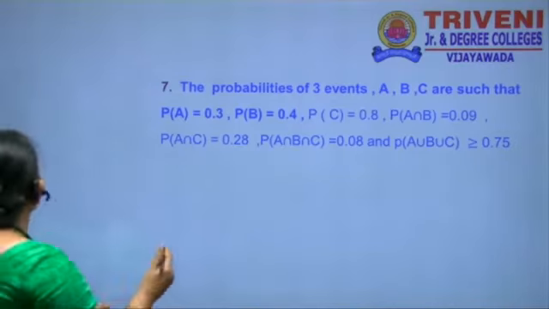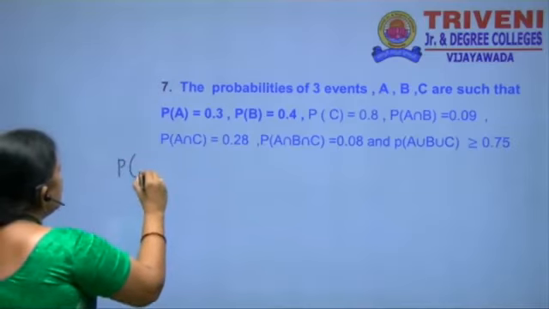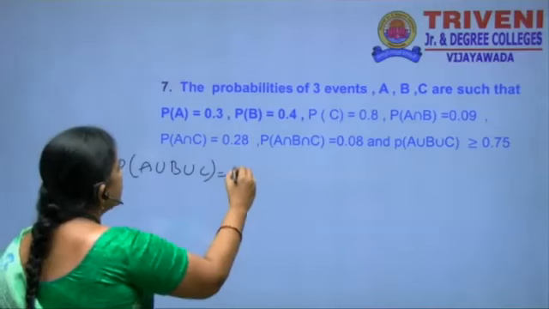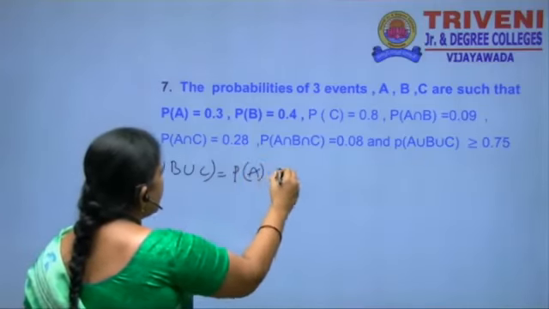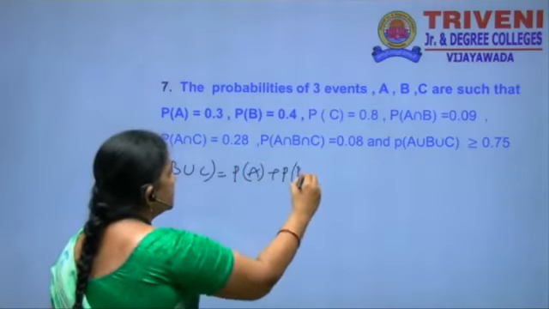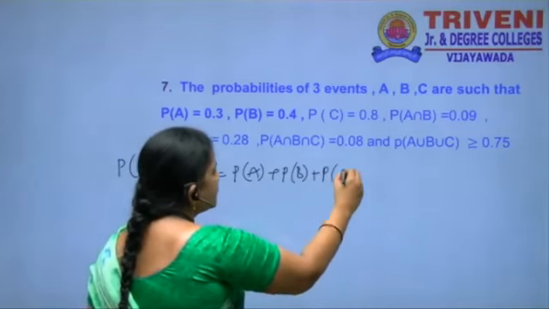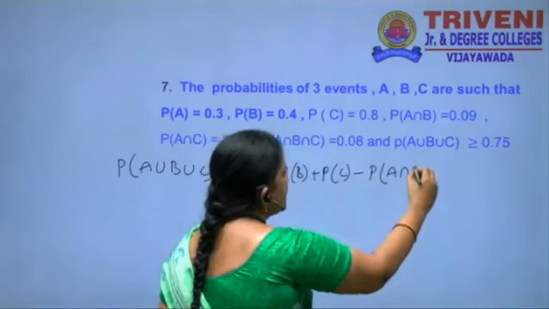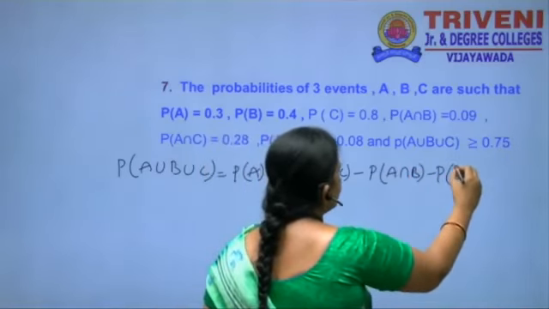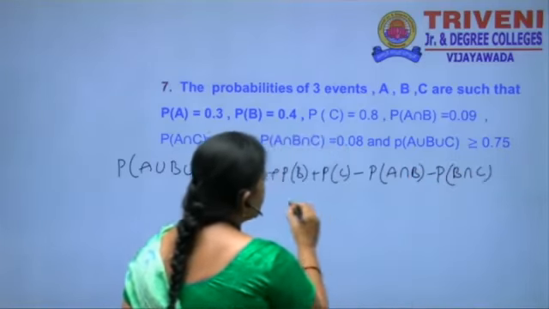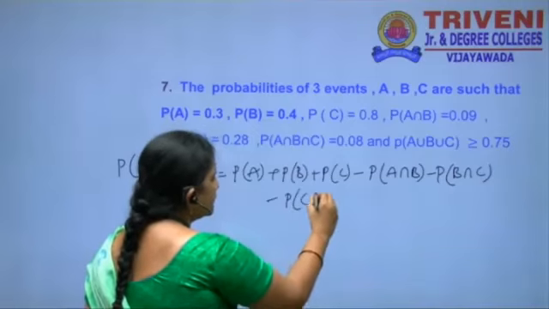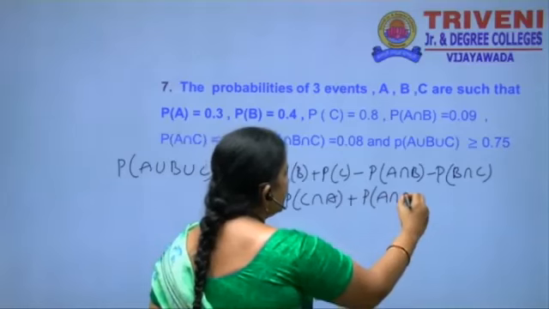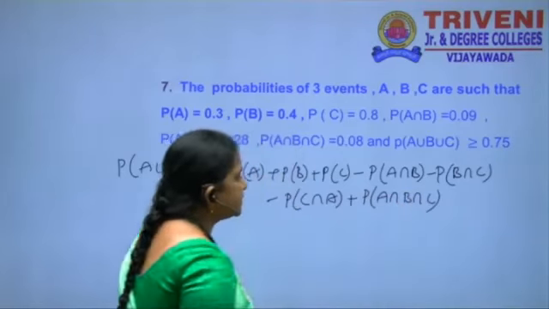Already you know the formula: P of A union B union C is equal to P of A plus P of B plus P of C minus P of A intersection B minus P of B intersection C minus P of C intersection A plus P of A intersection B intersection C.